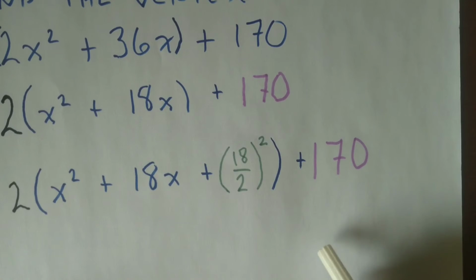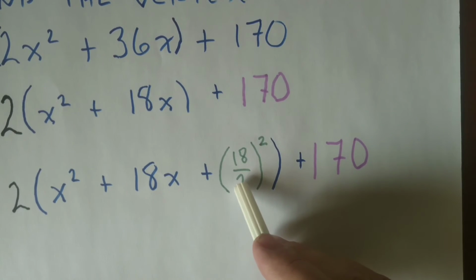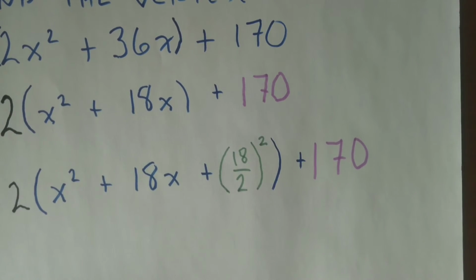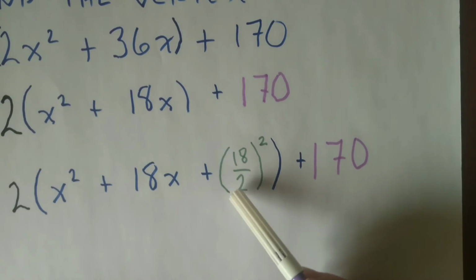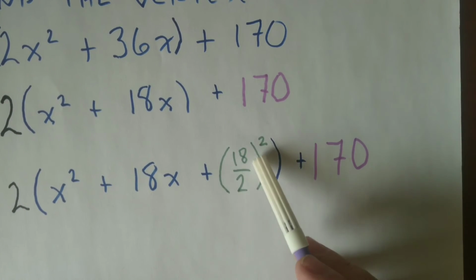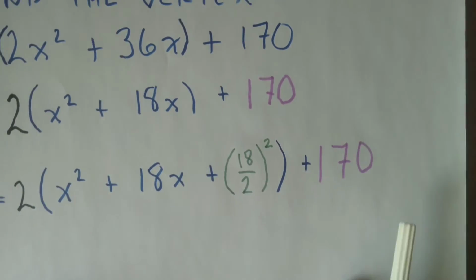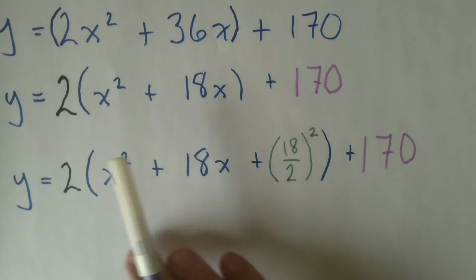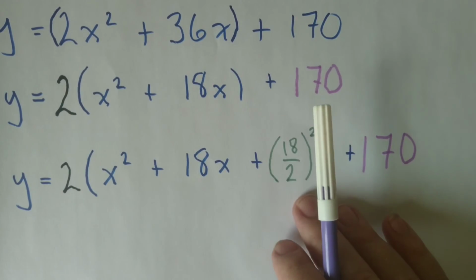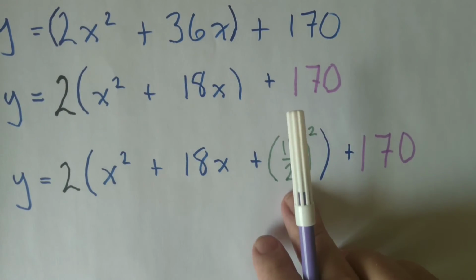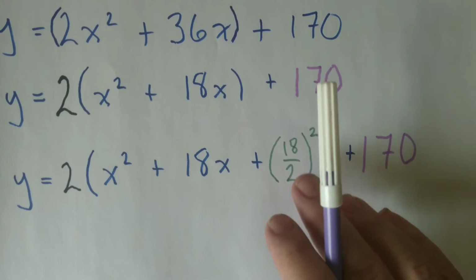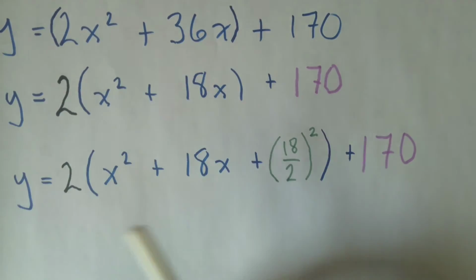But bear in mind, this 2 is being multiplied by it. So this is 81, but it's being multiplied by the 2. See, when we factor the 2 out, we divided the 2 from each one of these terms. Now, when you get 81, you have to multiply it by the 2.